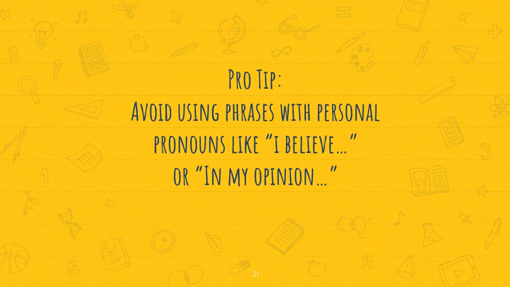It's something that is based on your emotions or your beliefs and not based on the facts that you've gathered. So you want to avoid using phrases like I or my. Just avoid them. Your thesis statement will be much stronger and much more confident without them.